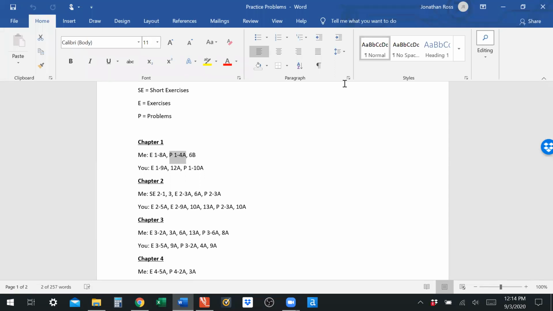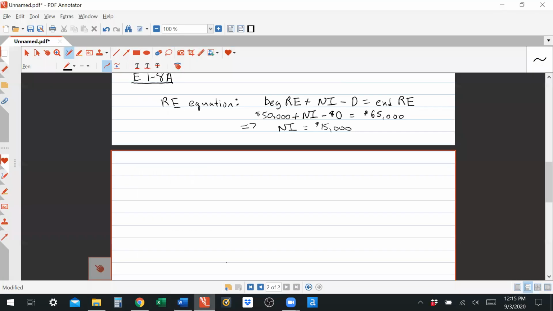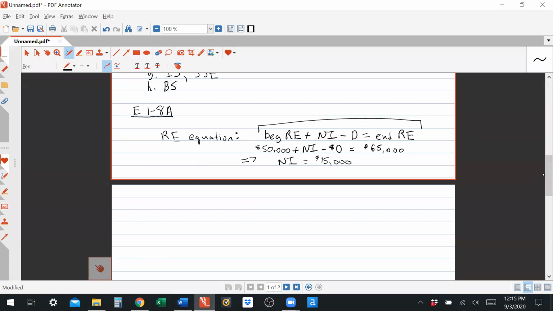Let me first see though if we had any more questions while I was doing that. Yes, Alexis. Net income minus dividends is the change in retained earnings. So here's the retained earnings equation. The change in retained earnings, which often the change is abbreviated with a Greek delta sign.